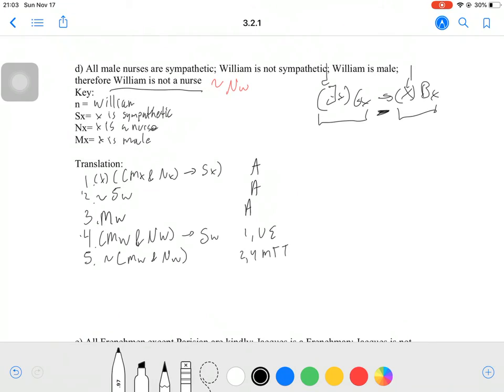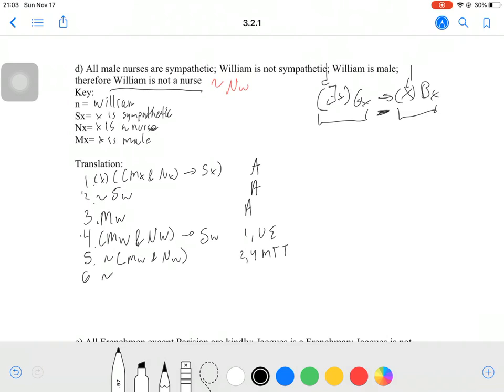Now there's a few things that you could do here. You could do a De Morgan's, then double negate 3, then do a destructive syllogism, or you could look at your sequent sheet and look down at the 34s. There is a rule that says if you have the affirmation of a piece of a negated ampersand, a negated and statement, you get the negation of the other piece of the ampersand.